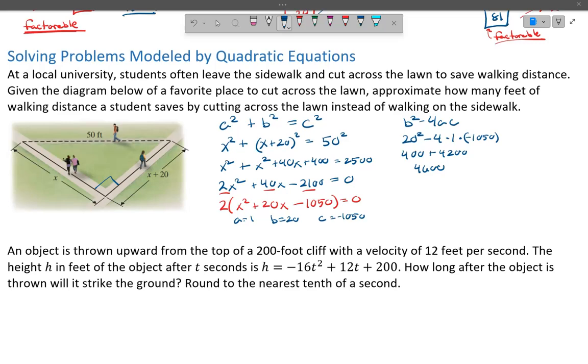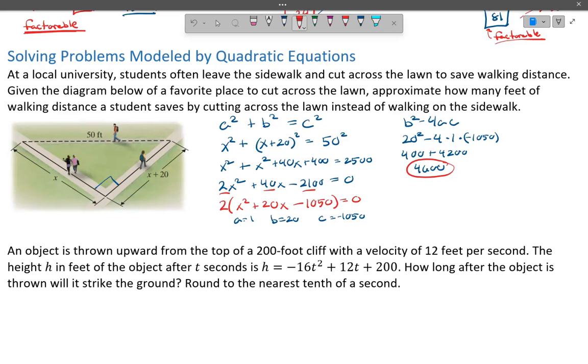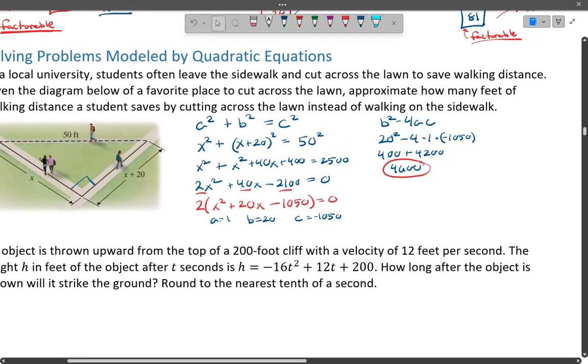Now, because 4,600 is not a perfect square, that means we're going to have to finish by using the quadratic formula. The bright side is that we are halfway done because we've already determined the value of the discriminant, so we know the value of the radicand. So we just need to finish filling out the rest of our quadratic formula.